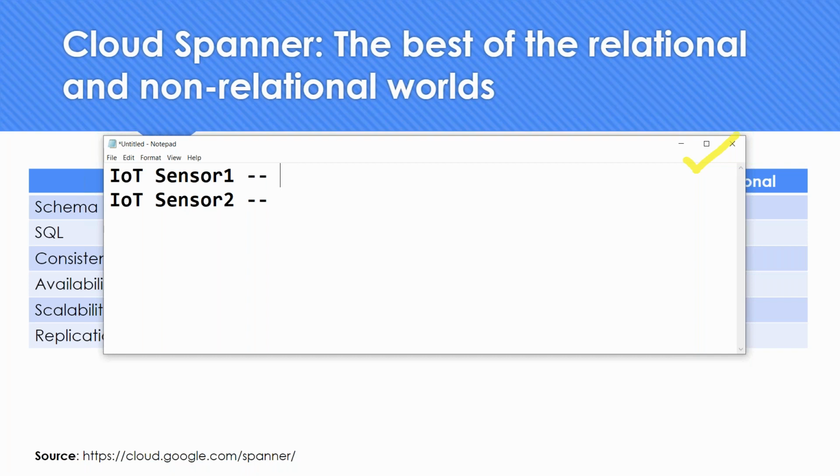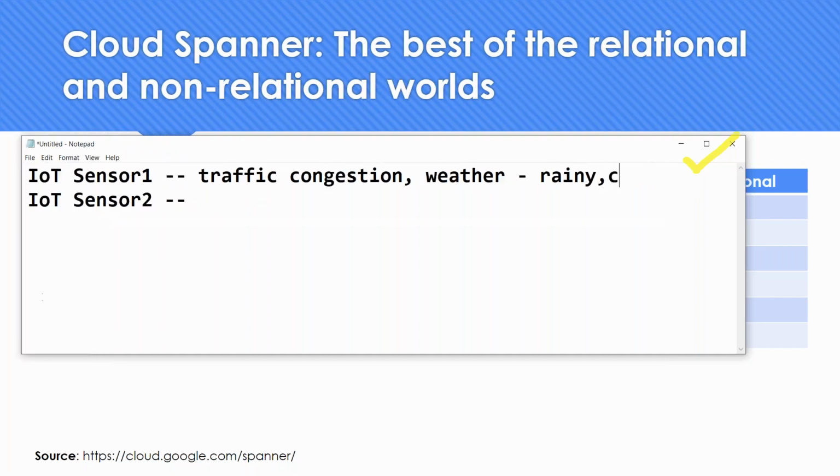Now sensor 1 can send some telemetry information like traffic congestion. It can send that detail, and weather, like raining or something. If it's raining, how many centimeters of rain it has captured.